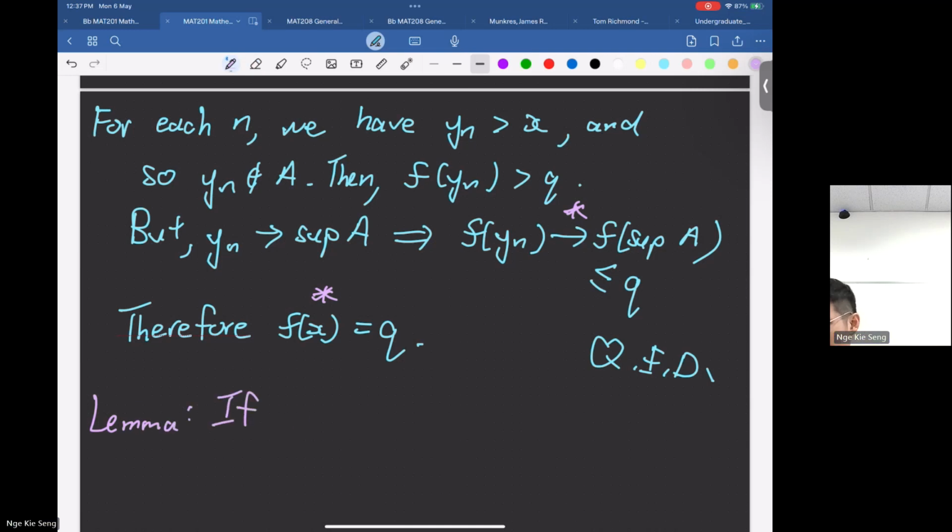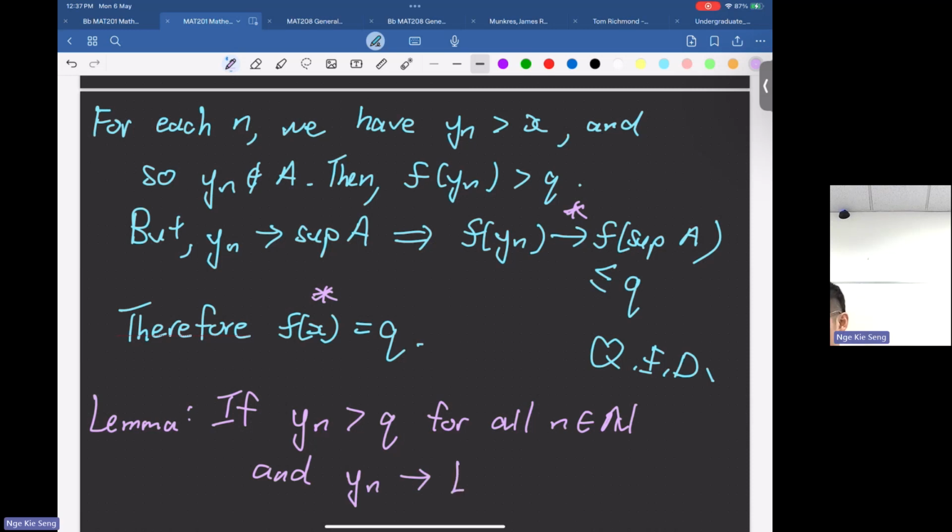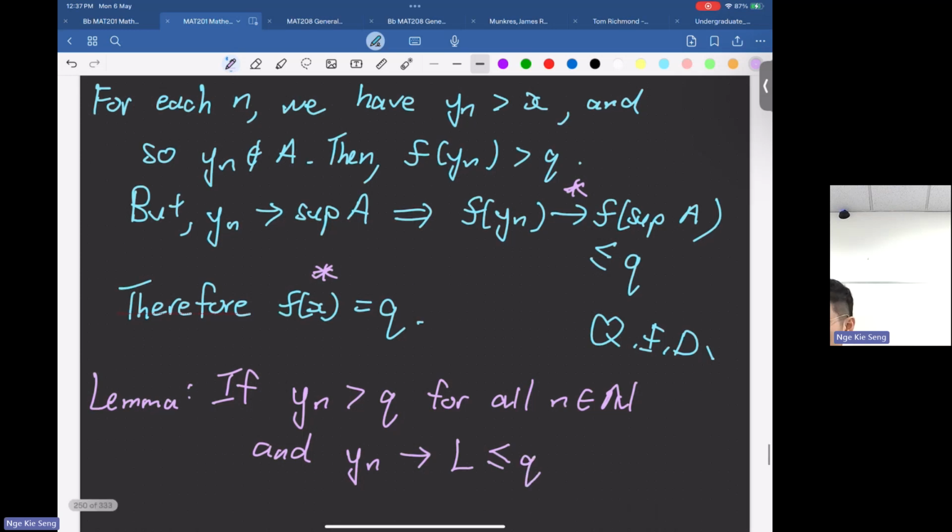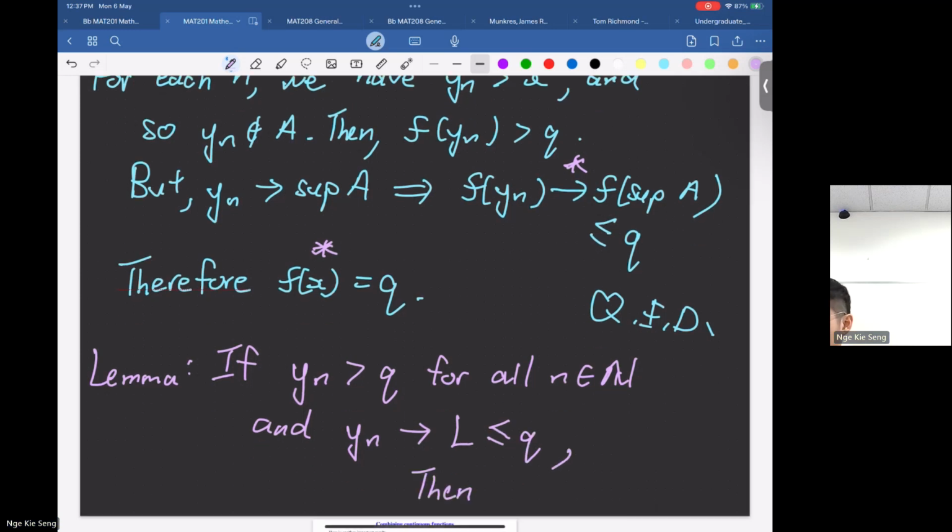If y_n is greater than Q for all n in N, and y_n converges to L, where L is less than or equal to Q, then L should be equal to Q. Okay, so this is the lemma if you want to prove.